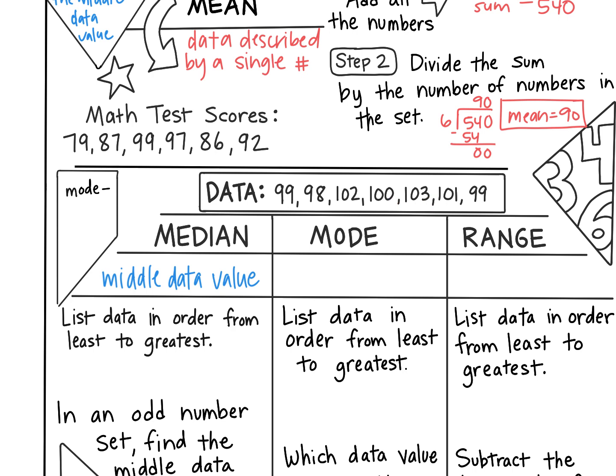So my least number is going to be 98, then 99, 99 again, 100, 101, 102, and 103. Something I like to typically do when I'm working problems out is, when I have a list of data like that, I write it down and cross it out.